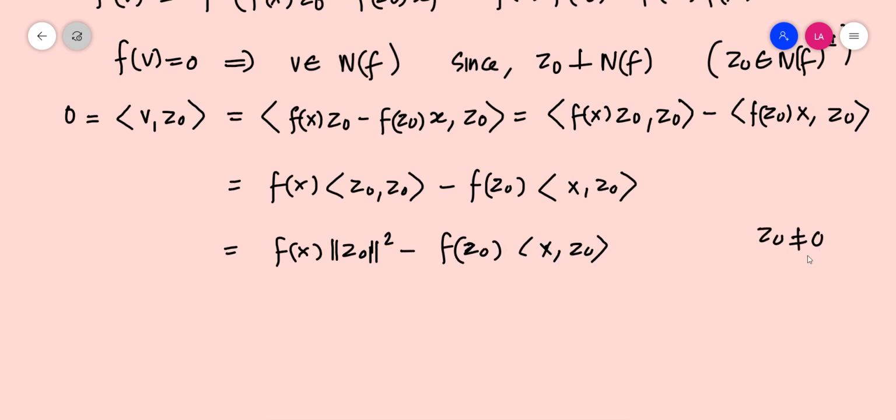Since we have assumed our z0 to be non-zero, norm z0 is not equal to 0. So this should be equal to 0.